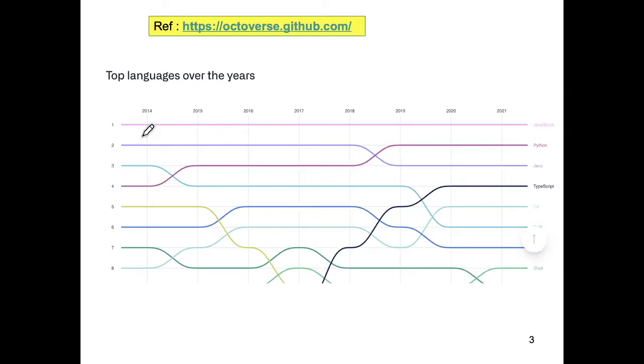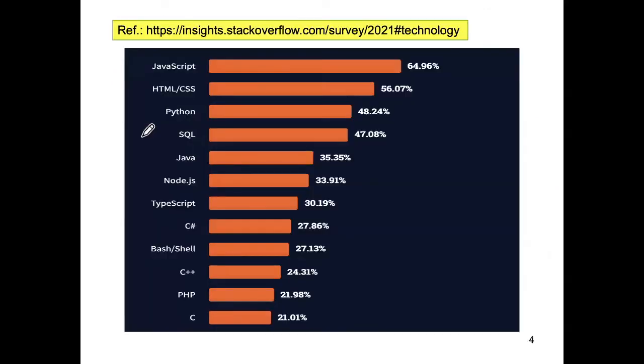And hence, it's an extremely important language for any software engineer to have as part of their toolbox. Similarly, the Stack Overflow survey every year tells a similar story, that JavaScript has been the most commonly used language amongst the people that responded to the survey.